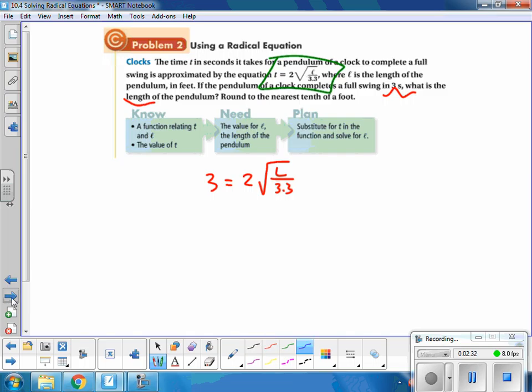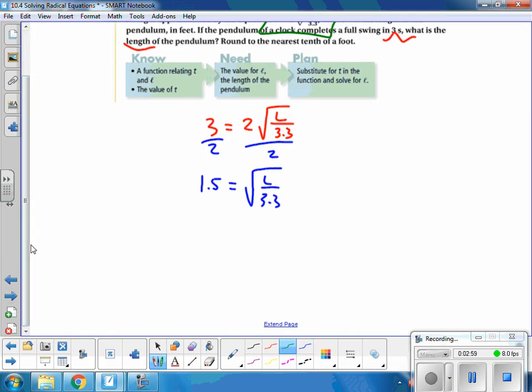First thing I'm going to do is just what I do with a normal equation. I'm trying to isolate the variable, but this time there's a radical in it. Not too bad. 3 divided by 2, I'm going to use the decimal on this one just because I see a decimal in my problem, 3.3. So just to keep everything consistent, I end up with 1.5 equals the square root of length divided by 3.3.